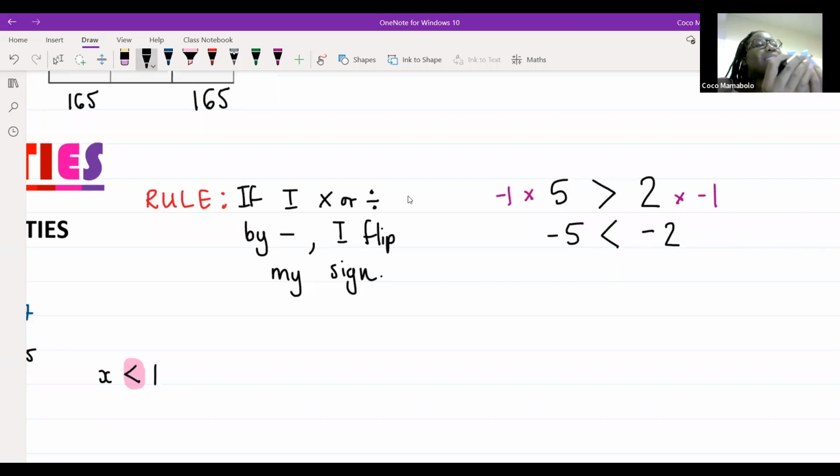Because as soon as I multiply or divide by a negative, the truth of the sign in the middle becomes false. So I must flip the sign in order to make the inequality correct. Do you guys get that? Give me a thumbs up if you see it. Thumbs up. Excellent, Anam. Awesome, guys.